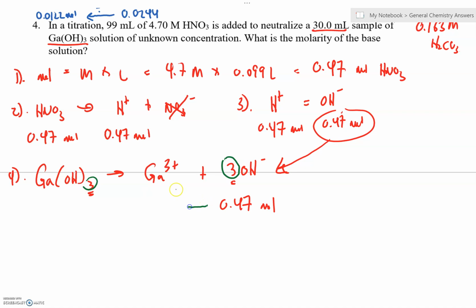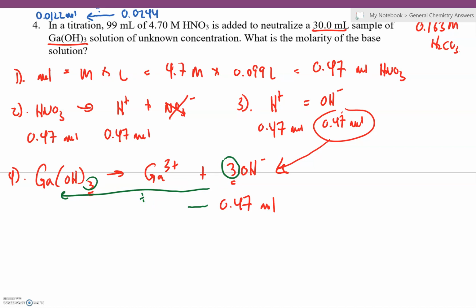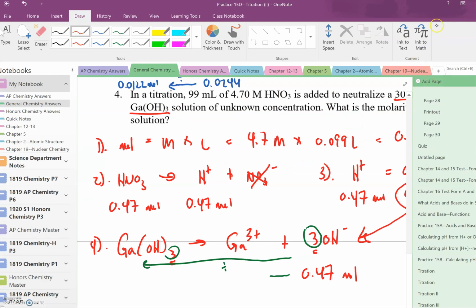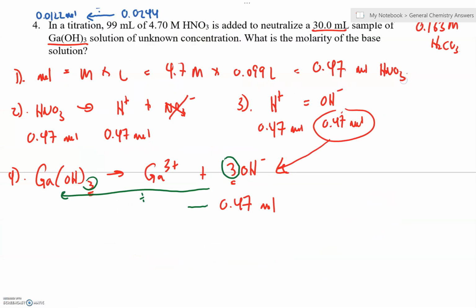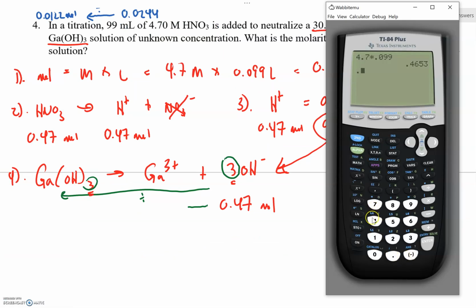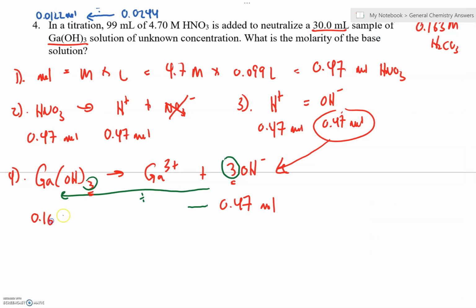So now we're going to go this way, and that means that we're going to divide by any coefficients we see. So I'm going to take our 0.47 moles, and I'm going to divide that by 3. Here's how many moles of gallium hydroxide we have. 0.156, well, let's round that to 0.16. 0.16 moles of gallium hydroxide.